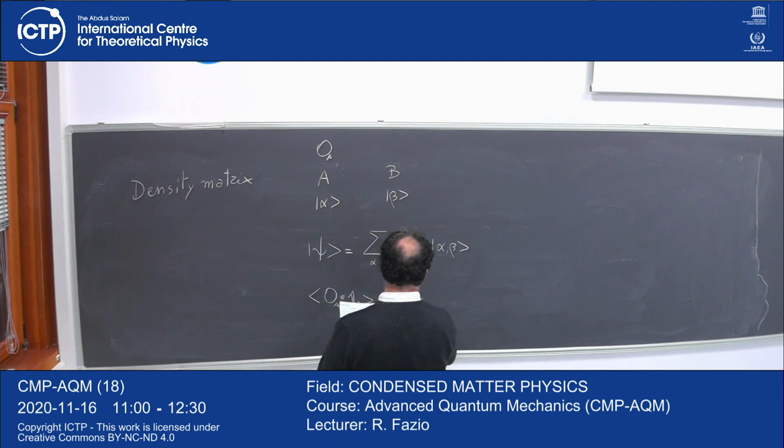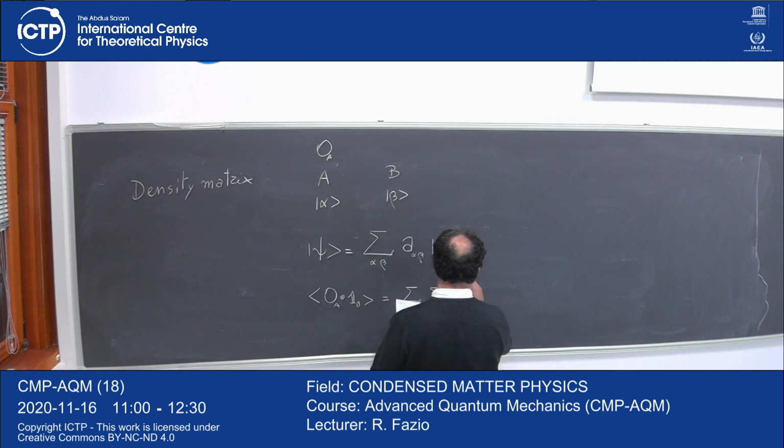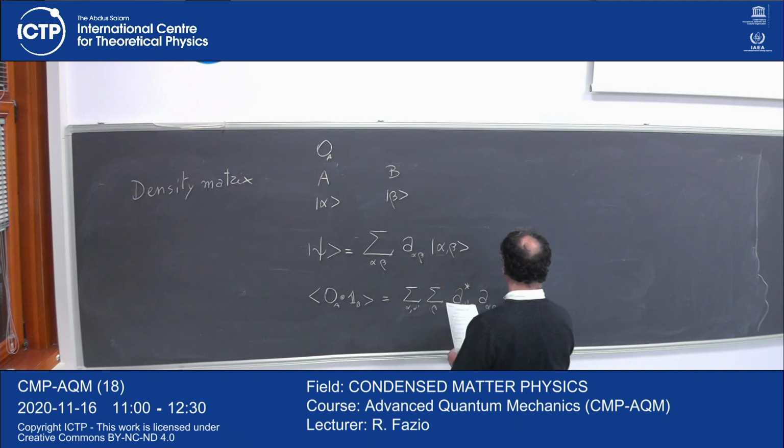I just get the sum over alpha and alpha prime, sum over beta, of A star alpha prime beta, A alpha beta, times the matrix element of O_A between alpha prime and alpha.